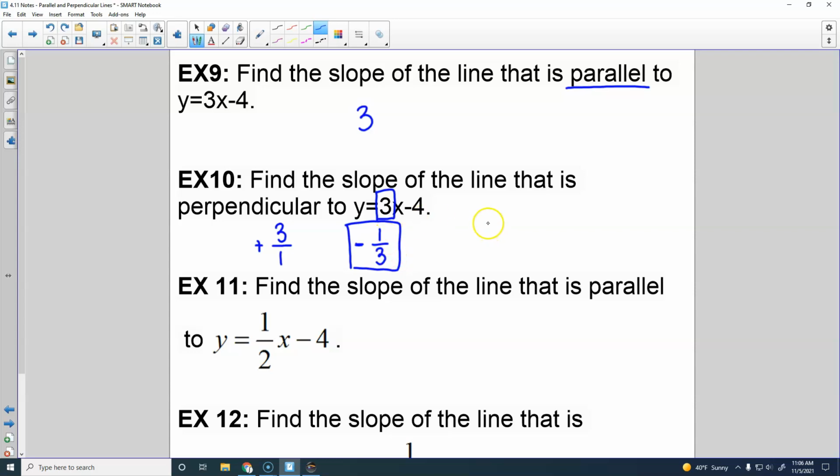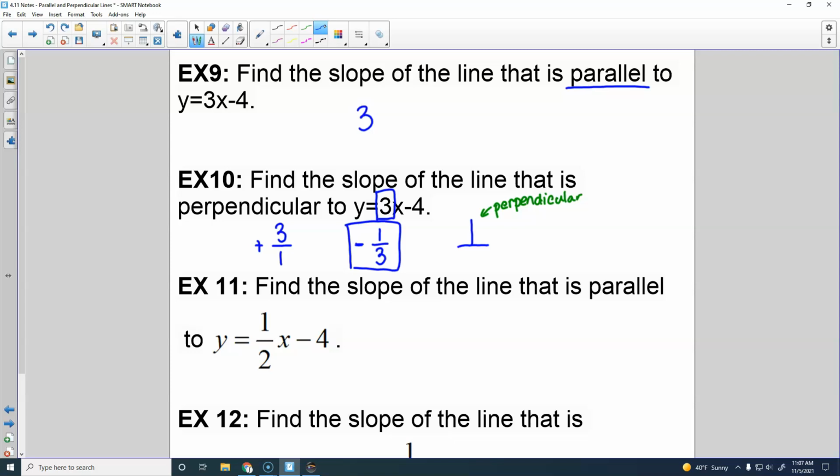Sometimes you'll see this symbol right here, an upside down capital T. That symbol right there means perpendicular. Mathematicians don't like a lot of words, so we create symbols to use instead of words, especially long words that are hard to spell, like perpendicular.